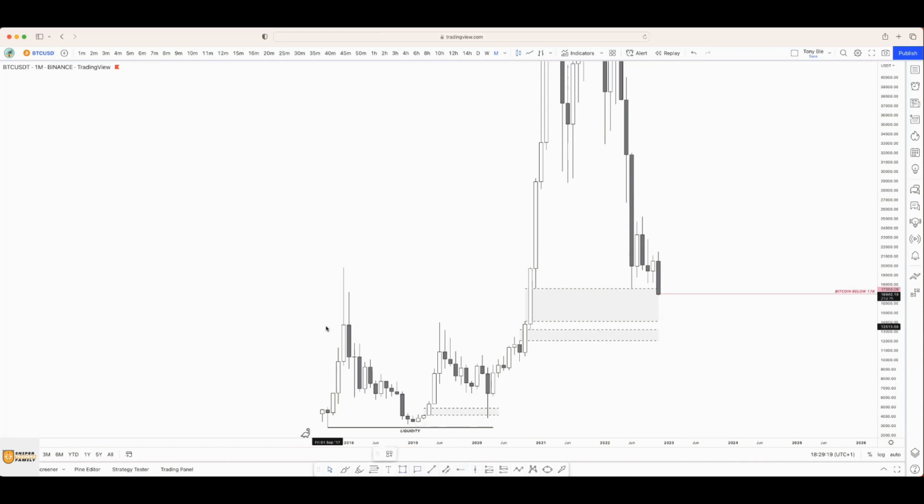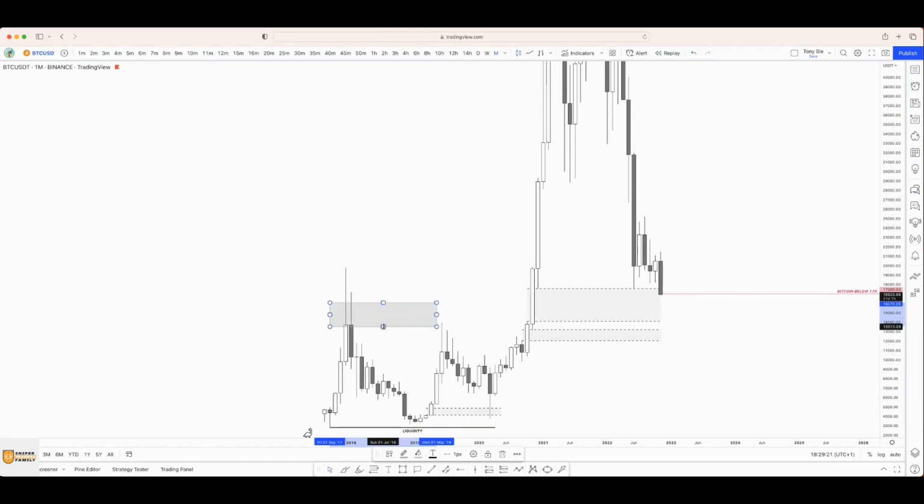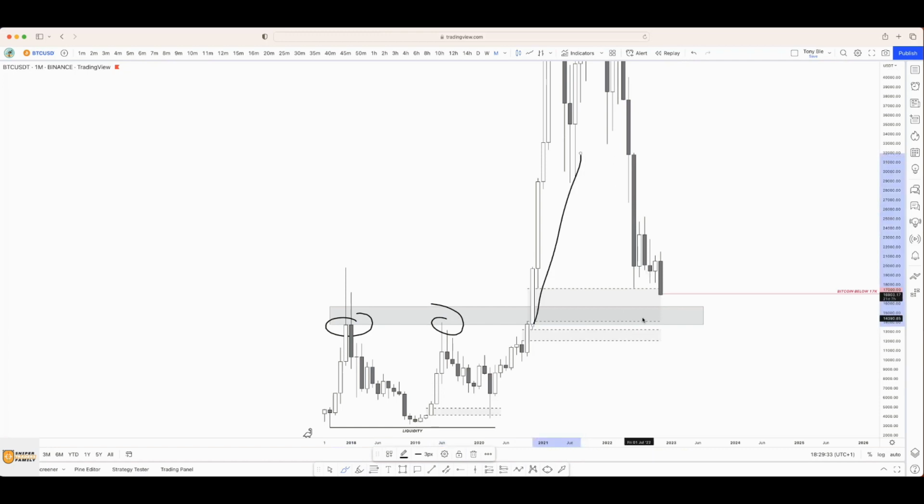Because if we do something like this, and then we could see how we had this resistance. So price broke through the resistance, the retail stuff, it could find some level of support here to go up. So just keep an eye, it might go up from this area, right?